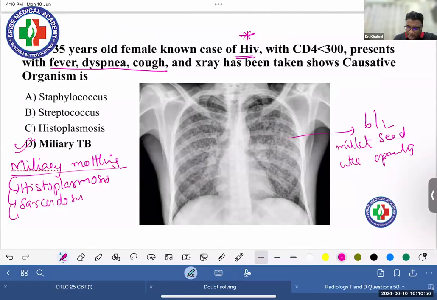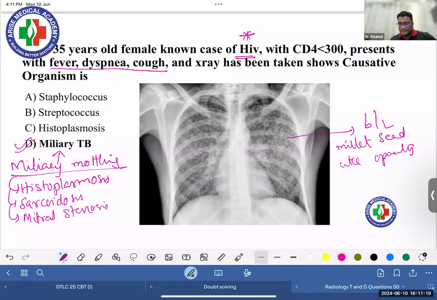It can be seen in cases of mitral stenosis also, along with miliary TB. But why not histoplasmosis? Because it is a rare cause. More commonly, you should think of the common causes. TB is more common. Miliary TB in AIDS patients, HIV positive patients, is more common. So first, you should think of the more common causes.